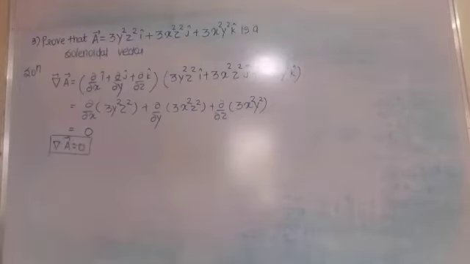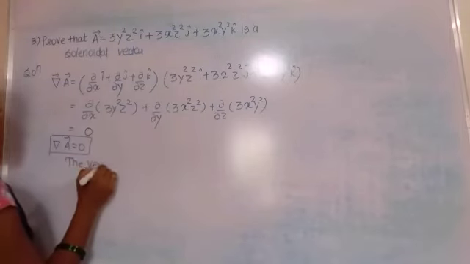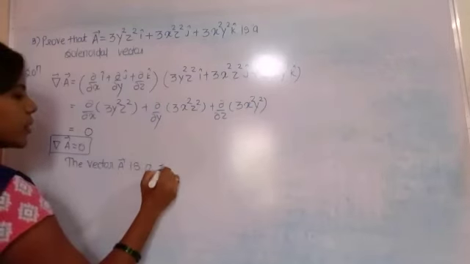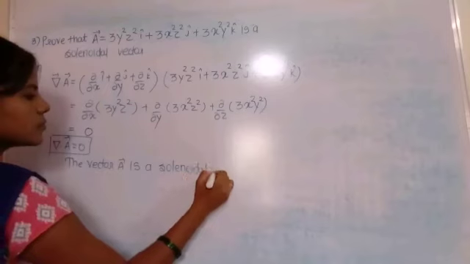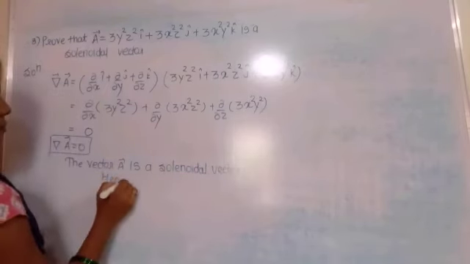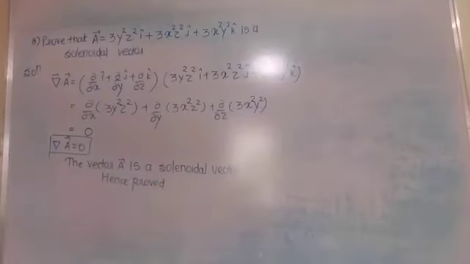Okay, and as the divergence of vector field A is equal to 0, therefore vector A is a solenoidal vector. Okay, hence proved. So this type of numerical can be asked from the exam point of view. This is very simple. If the divergence of any vector becomes 0, then we can say the vector is a solenoidal vector.